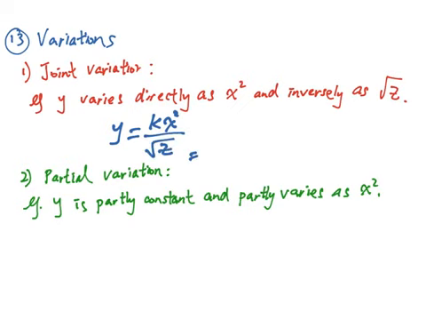Next, for partial variation, y is partly constant, another part varies as x squared. So there are 2 parts, so we have k1 and k2. So y equals k1, the constant, plus k2 times x squared.